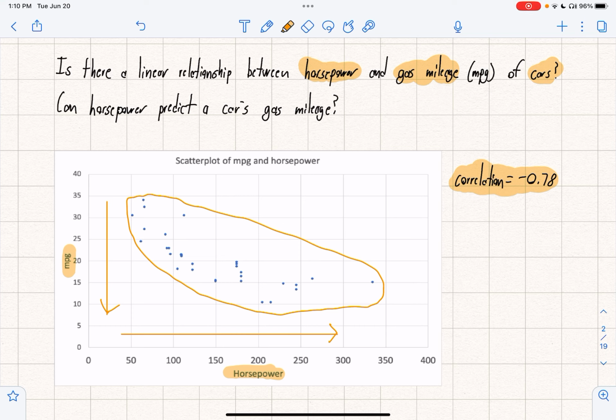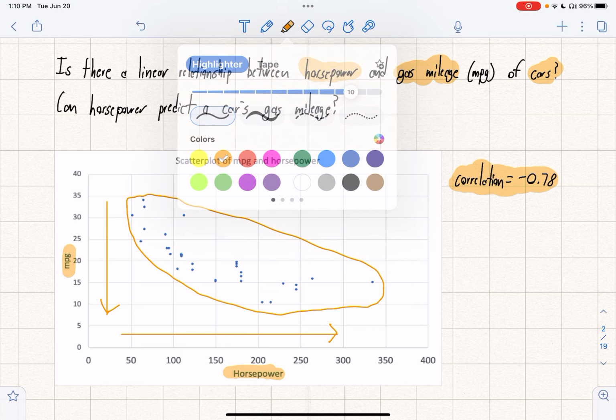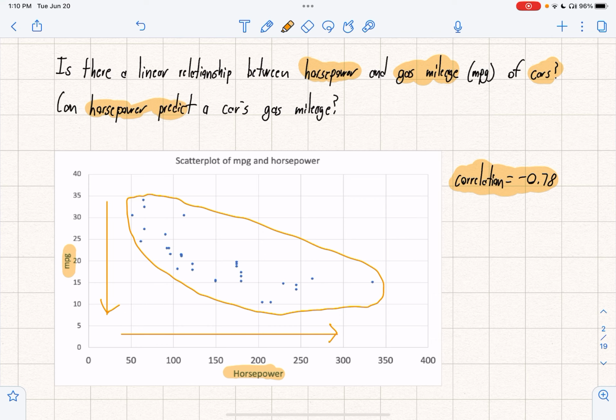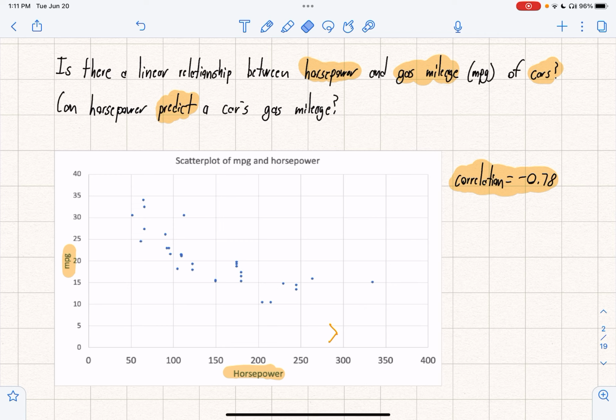But now, our question is, can horsepower actually predict a car's gas mileage? Okay, so they obviously move in tandem. When one increases, the other decreases. But what predictive power does horsepower actually have on gas mileage? And the way we're going to answer that question is to use linear regression. So the goal here will be to create a line of best fit.